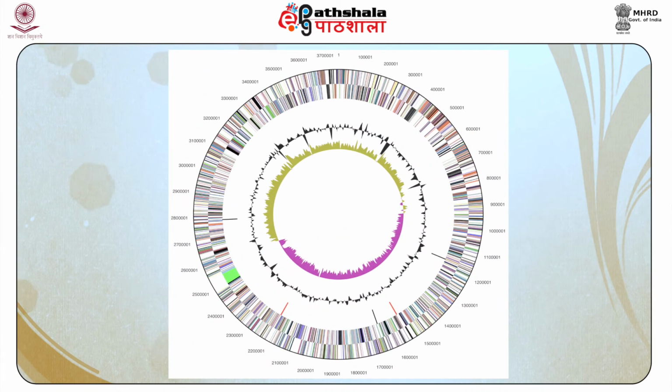A genetic map is based on the frequency of recombination during crossover of homologous chromosomes. The more recombination occurs between the markers, the greater the distance between them. The lower the recombination between markers, the lesser the distance between them.